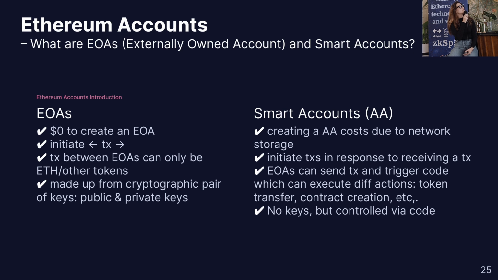When it comes to transactions, they respond to externally owned account transactions toward the smart accounts, and then they can automatically react with whatever customizable code we have put on the account, right? And there are no keys for you to save or manage when it comes to the accessibility of the account. You can just access it via different functionalities that you have built through code.